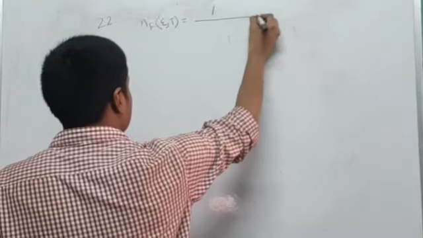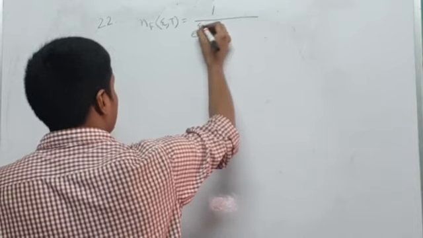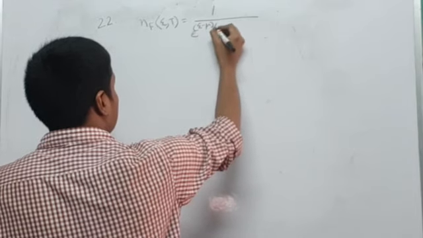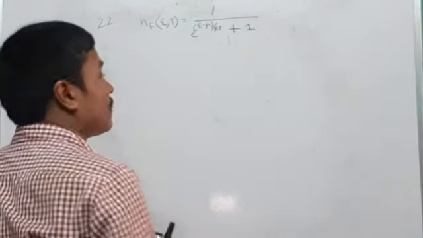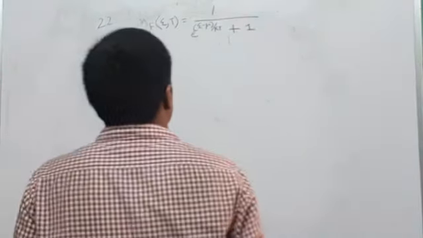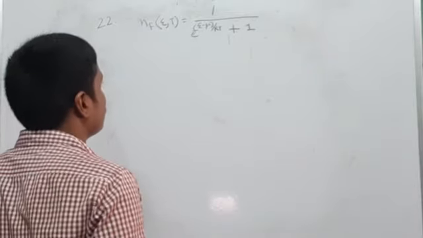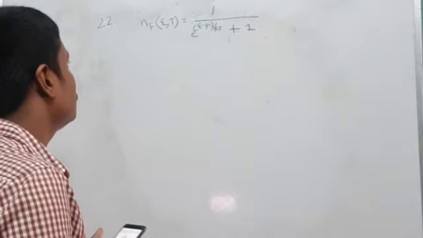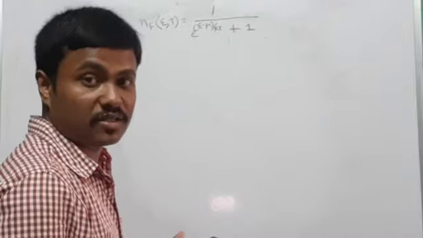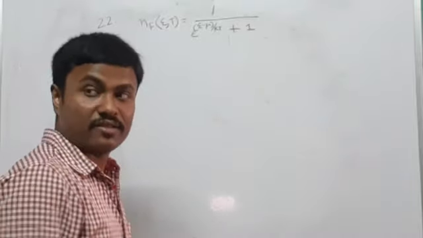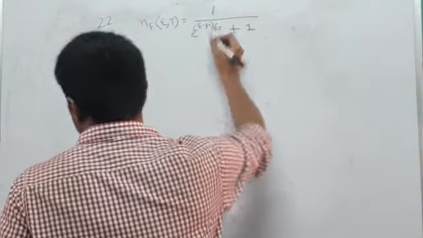This one is the Fermi-Dirac distribution, which is 1 over exponential of (epsilon minus mu) over kT, plus 1. Epsilon is the energy, mu is the chemical potential, or in this case it is actually the Fermi energy, and T is the temperature.